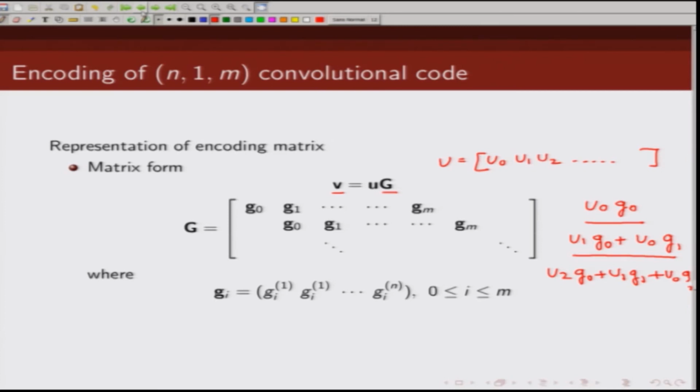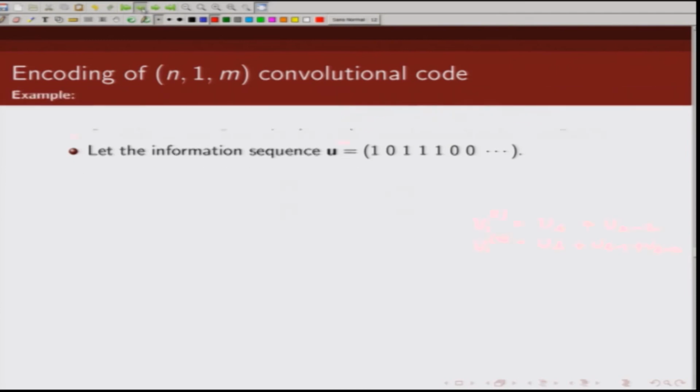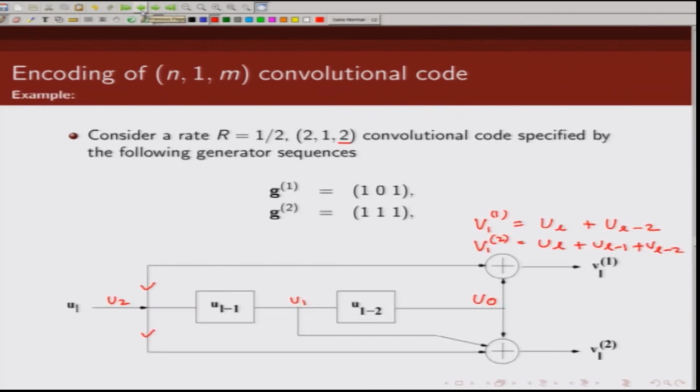What happens next? This U0 moves out. Here what we will get is U1. What about this? This will become U2, and this will become U3. So, what will be the output now?